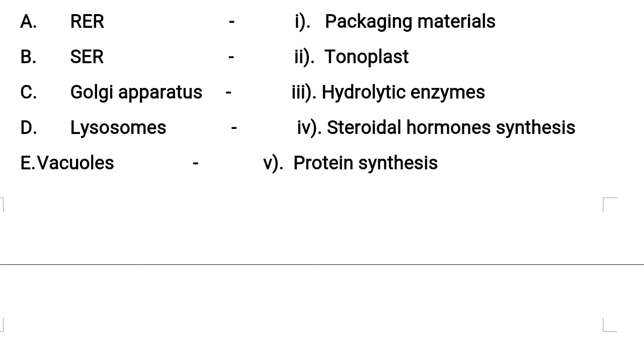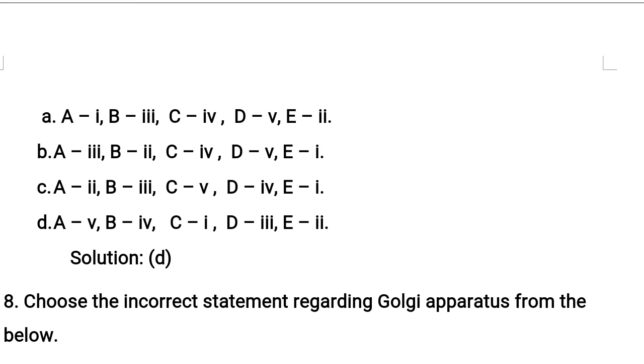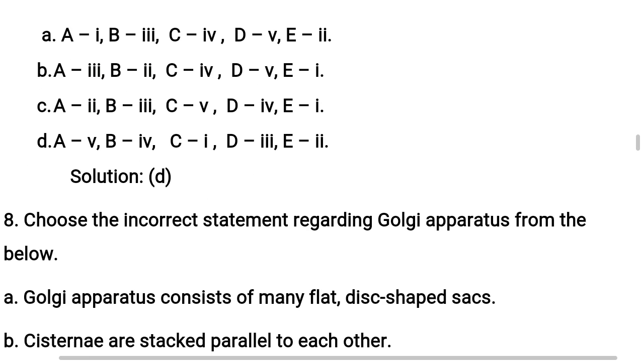Vacuoles possess a single membrane on the surface, called tonoplast, which facilitates transportation against the concentration gradient. So E is matching with Roman number 2. The correct answer for this question is option D. Now we'll read the answer: A 5, B 4, C 1, D 3, E 2.